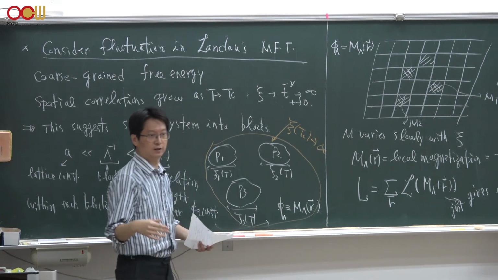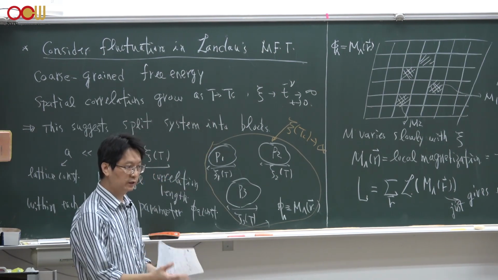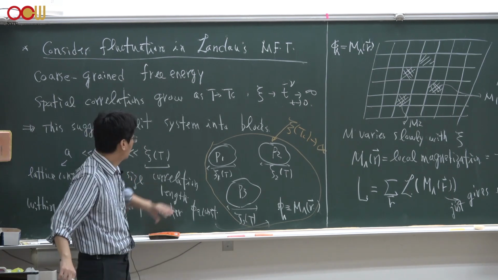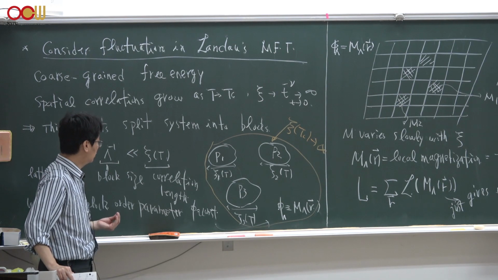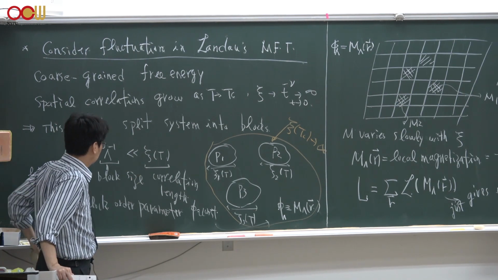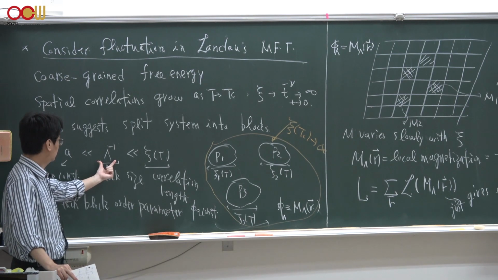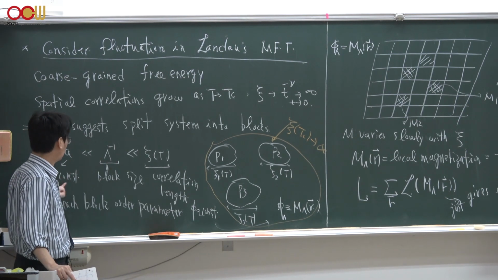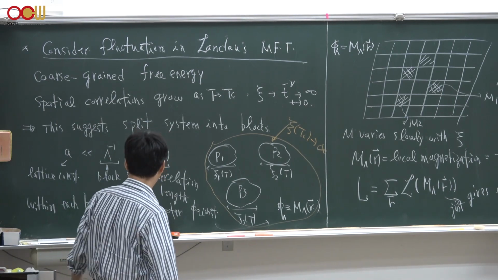Before the correlation length diverges, we could consider the system as a group of clusters, and within each cluster, a couple of spins. The block size is denoted by this lambda inverse, which is between the lattice constant and the correlation length at that temperature.